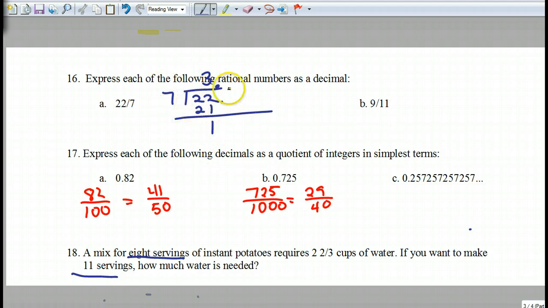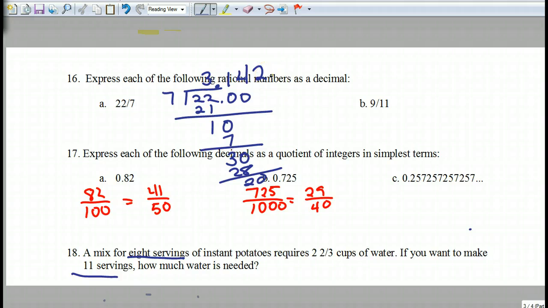First of all, I'm going to bring down a 0. How many times does 7 go into 10? Once. 1 times 7 is 7. I have a 3. Bring down another 0. 4. Yep, 4. 4 times 7 is 28. 20. 2. You can keep going. This goes on for a long time.